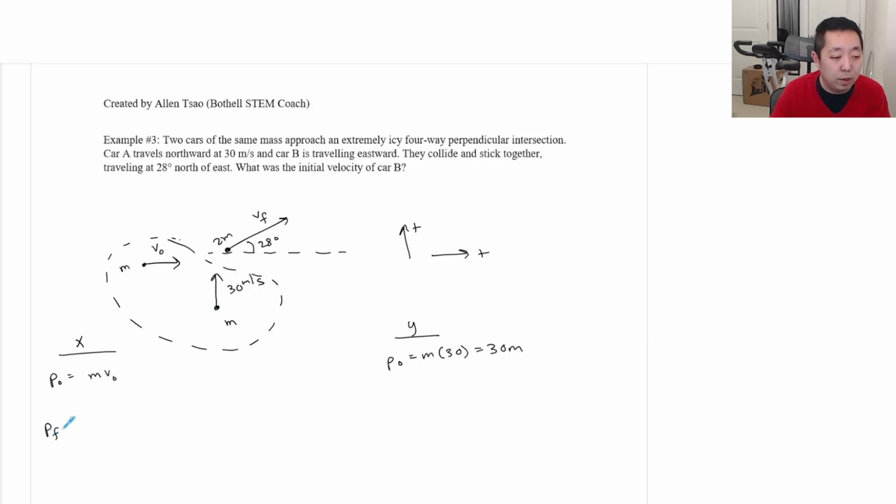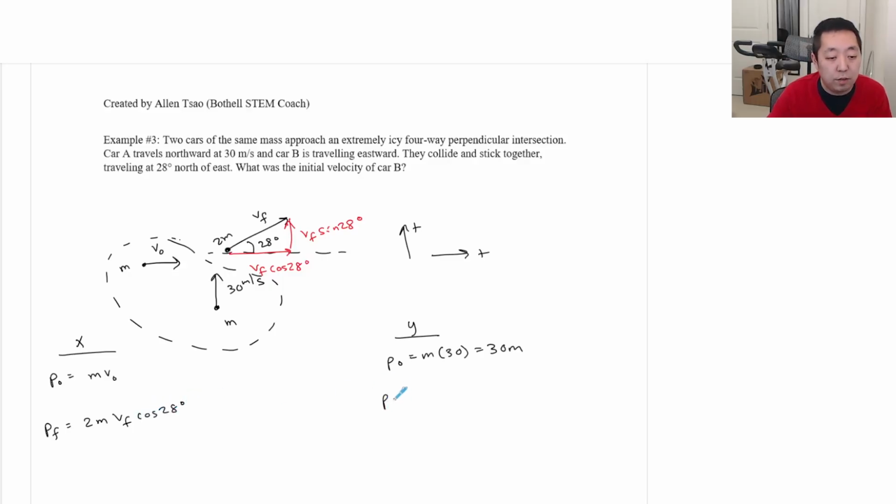Now, how about the final momentum? Well, they're both moving together, and you know it's 28 degrees, so why don't we decompose this and call this VF cosine 28 degrees, and this is VF sine 28 degrees. So the final momentum horizontally is 2m VF cosine 28 degrees.